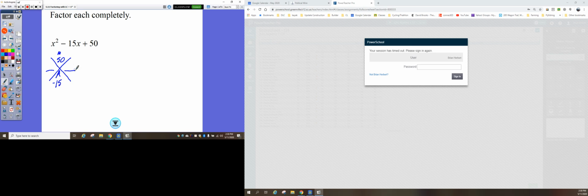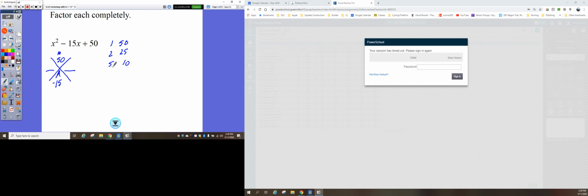All right, so we want to look for the multiples of 50. Well, there's a lot of multiples of 50, but we've got 1 and 50, 2 and 25, let's see, 4, 5, and 10. Okay, so those are our multiples of 50.